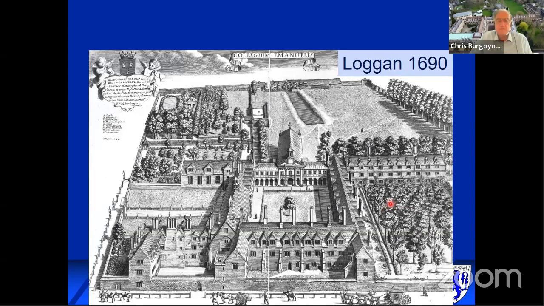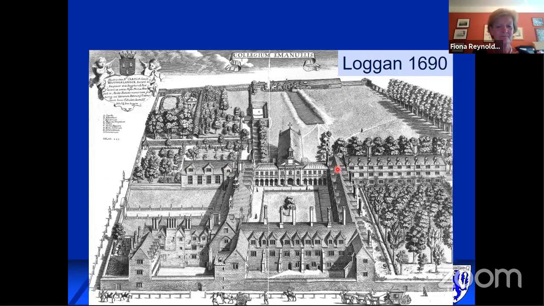Okay. So we're familiar with things like this, the Loggan print of Emmanuel, which is dated something like 1690. And quite a lot of the college we would recognize. We would recognize the chapel, we'd recognize the old library, we'd recognize Old Court over here. But the front of the college looks different, and the entrance is in a different place.